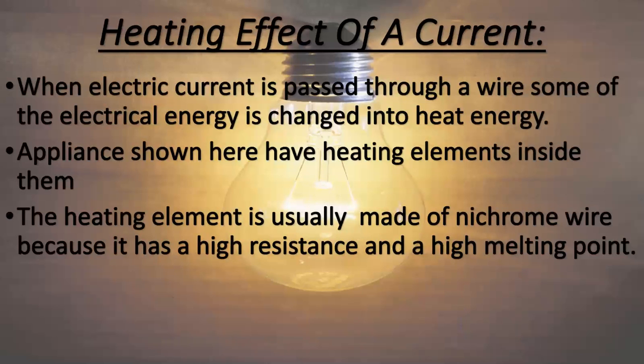which I showed you. They have a heating element inside them. They have a special type of wire in them, and when electricity or electric current is passed through these wires, some of the electrical energy changes into heat energy, and this heat energy is enough to run these appliances.